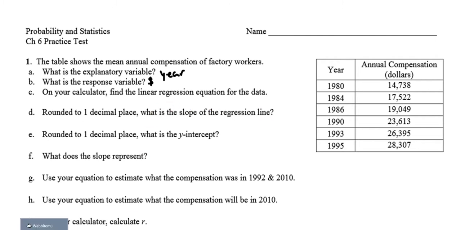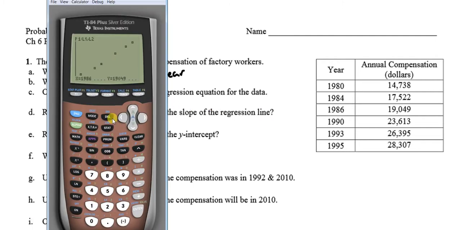Now to find that linear regression line, I put the 2 lists in, and then I hit stat, arrow 1 over to calculate, and then number 4, linear regression. So I'll hit number 4. It's going to default to list 1 and list 2. Hit enter. And here is my line.